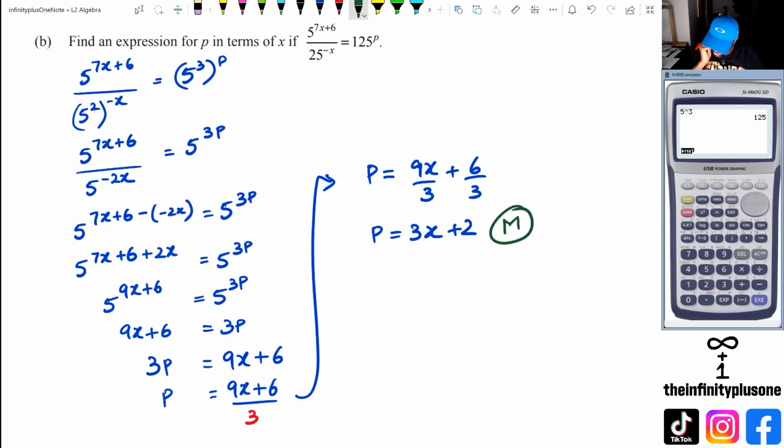As for the achieved, conversion to either 5 to the power of 3p or 5. Wow, really? That gets you an achieved? It's incredible. So basically doing this or this will get you an achieved. That is possibly one of the craziest free achieveds I've seen in a level 2 paper in a very long time.